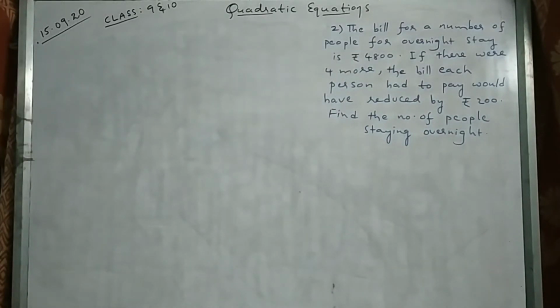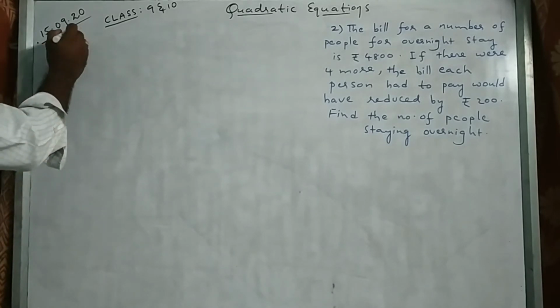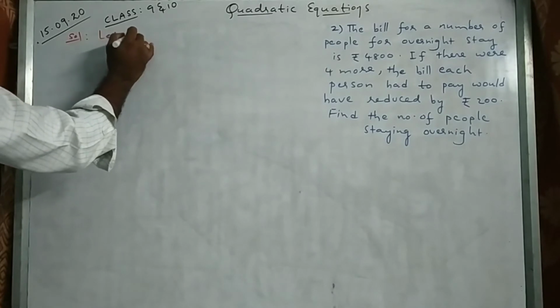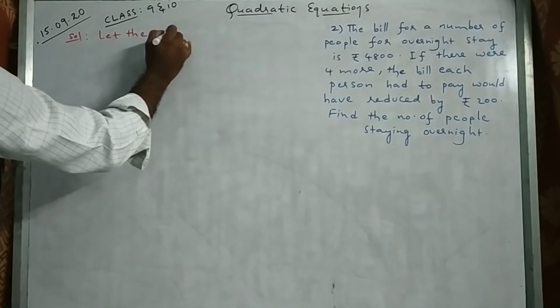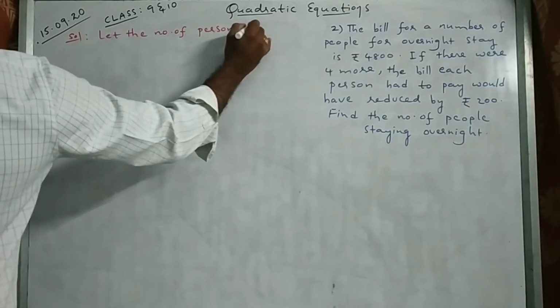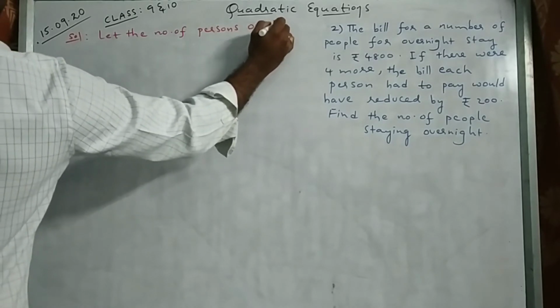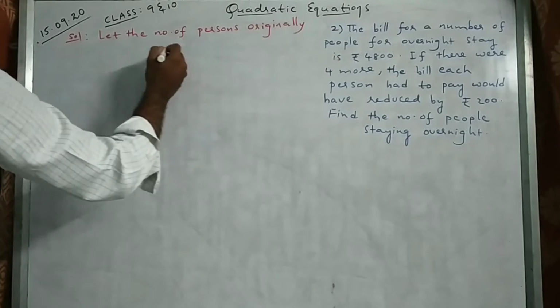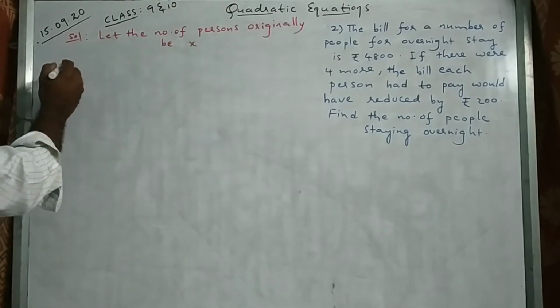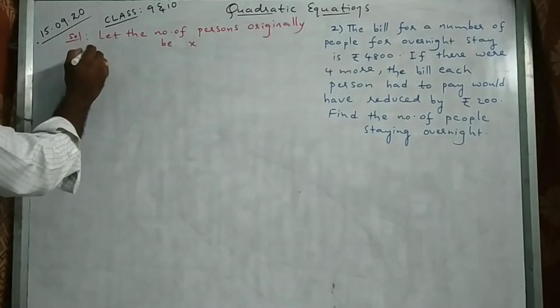Okay. Let the number of persons originally be x. What is the total amount of bill here?